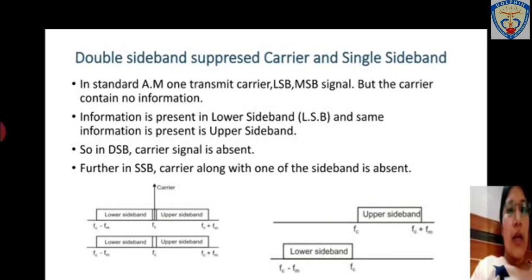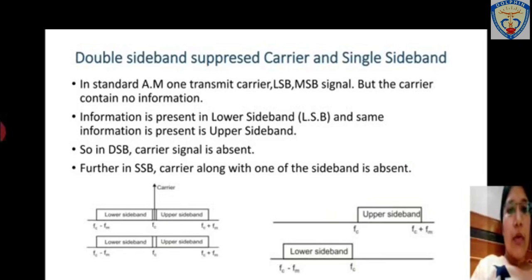Now if we carefully look at the diagram, in the DSB full carrier we are sending the lower sideband, upper sideband and carrier also, and in the DSB-SC we are sending only the two sidebands. Carefully look at the figure on the left side.